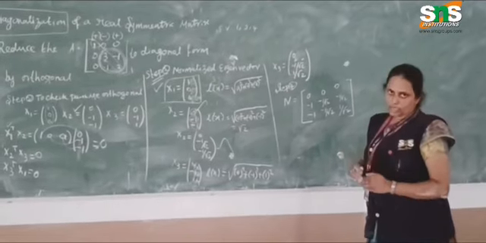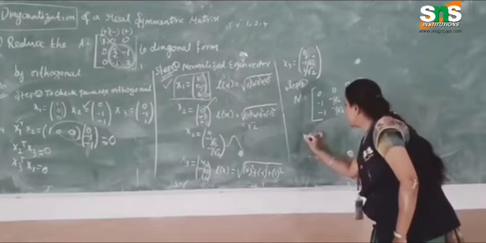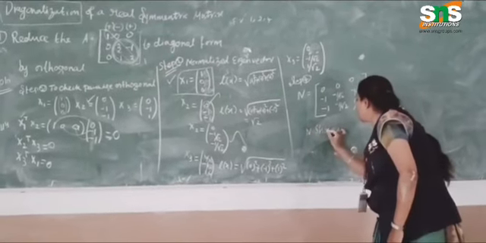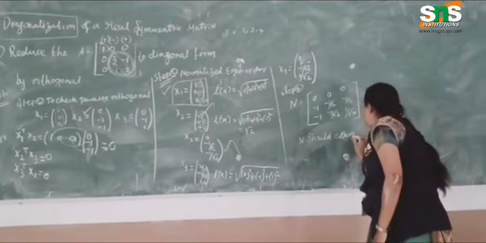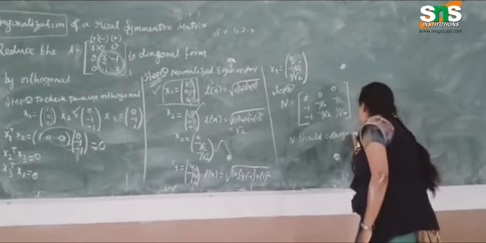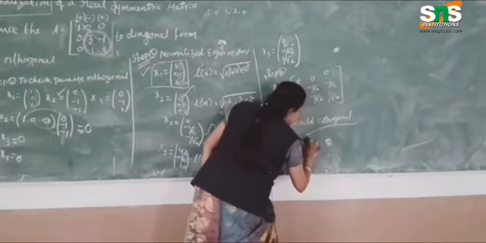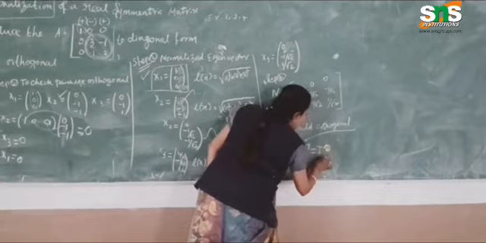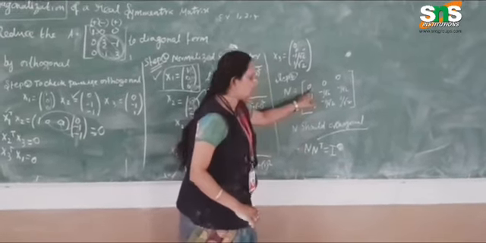Using this normalized eigenmatrix, we check that N should be orthogonal. For this we check that N transpose N is equal to I. Here N is this matrix.